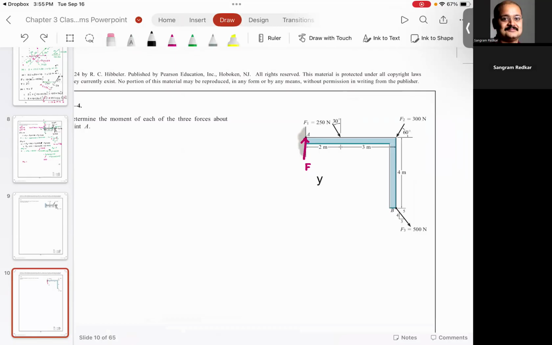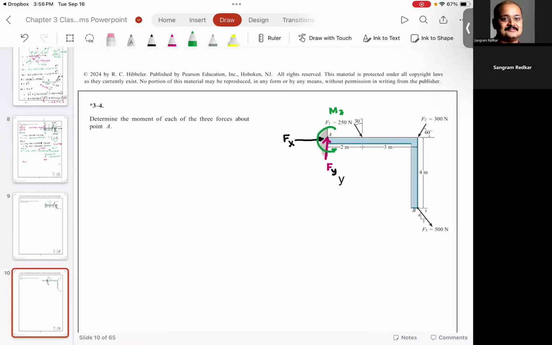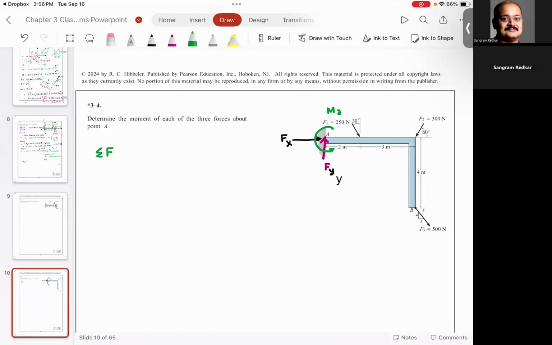Then I have the horizontal force, which is Fx, Fy, and then I'm going to assume the moment is Mz. Now, starting summation of forces in x direction is equal to 0.